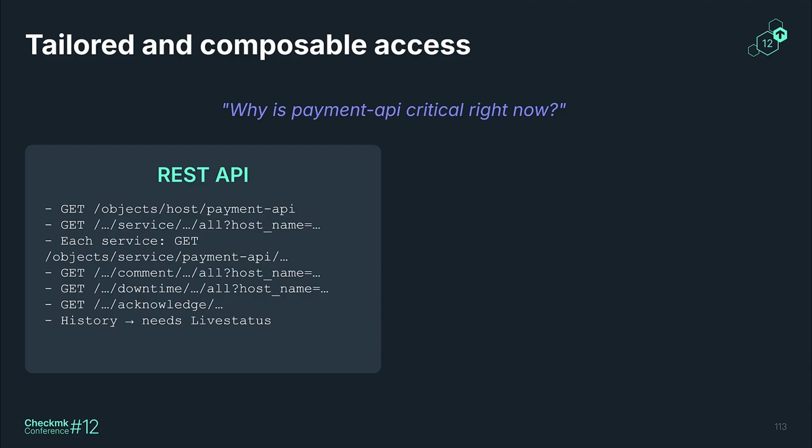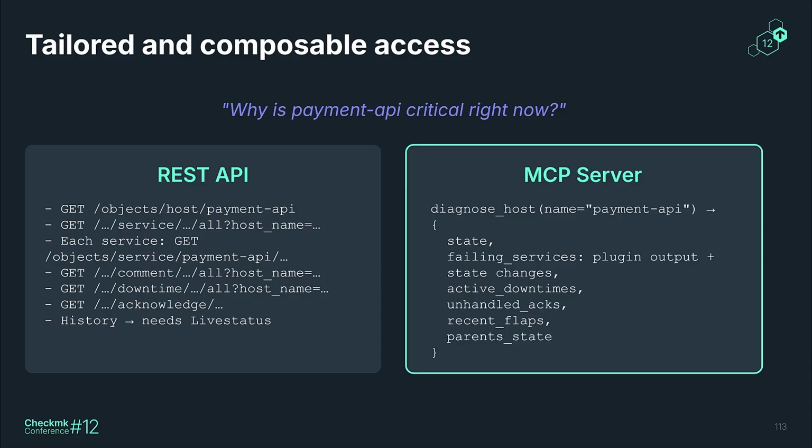When you use an LLM for that, that is actually something that can work. But when you do that with an LLM, it's not deterministic, it's slow, and it burns a lot of tokens. With an MCP server, when you have a higher level tool, as I said, you have maybe a call like diagnose host. You give in the name of the host, and you get exactly the data back that you wanted, so that the LLM can use that for further reasoning or formatting a response for you.